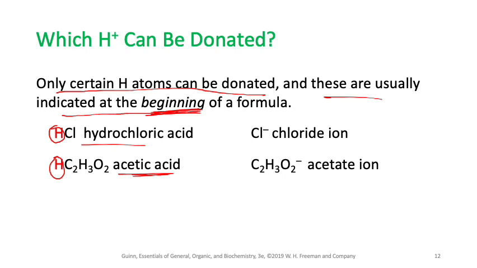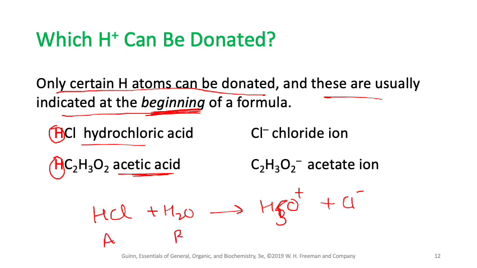So let's take an example again of HCl. HCl plus water gives you H3O+ and chloride ion, Cl-. In this case, this is the acid, and this is behaving as a base, right?